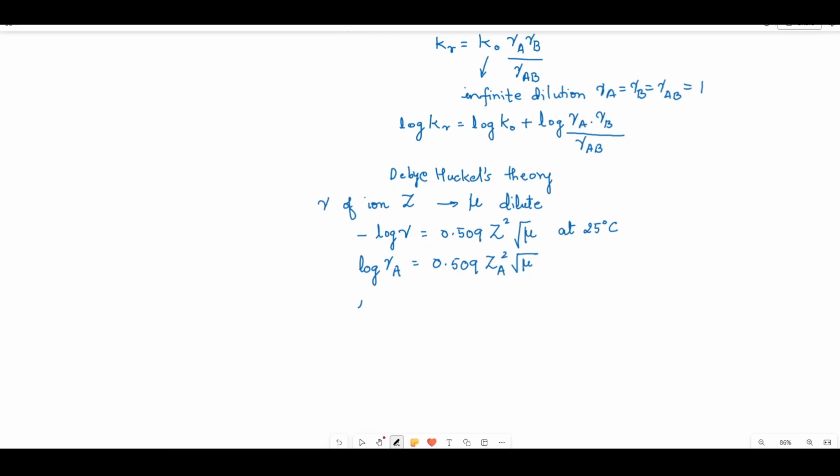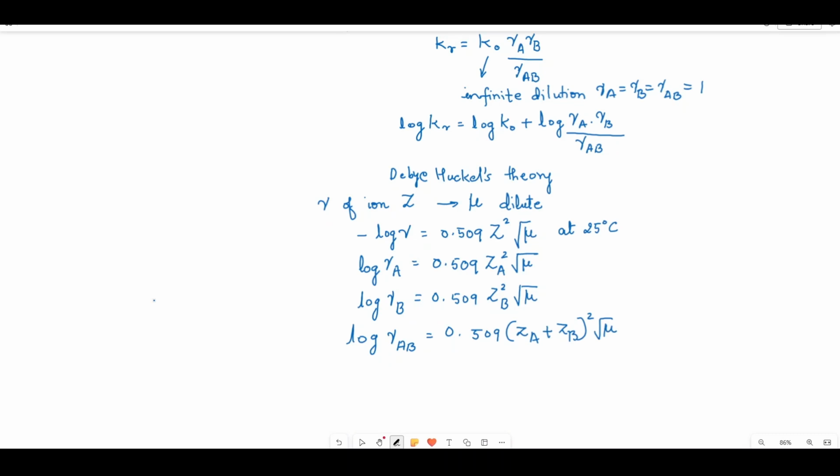Similarly, for log of activity coefficient of B, we can write it as 0.509 ZB square under root of mu. Similarly, for log of activity coefficient of gamma AB, we can again write it as 0.509 in bracket of ZA plus ZB the whole square under root of mu.